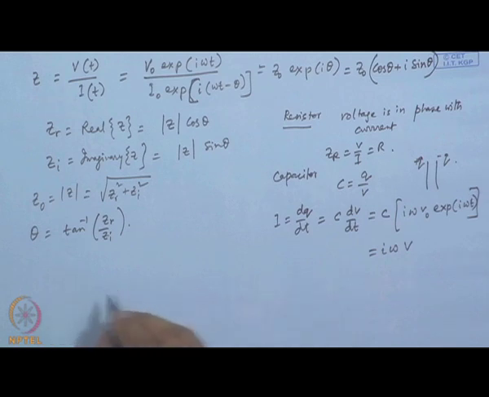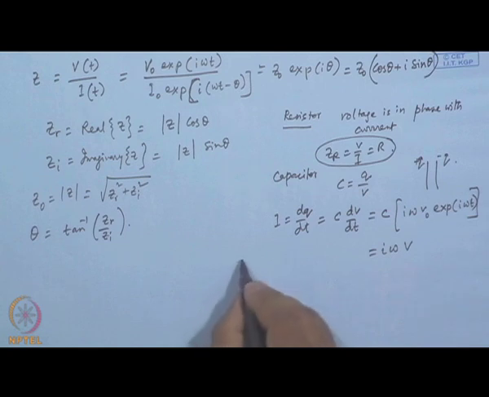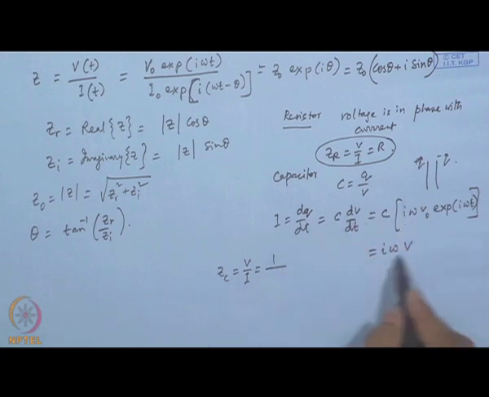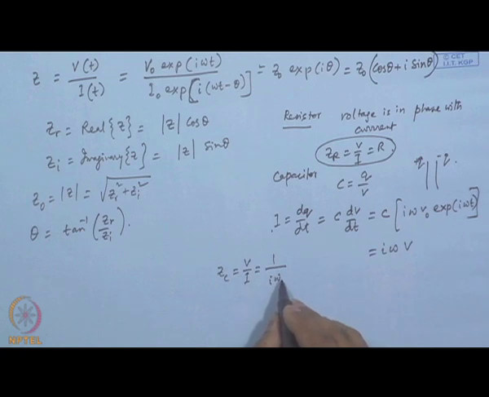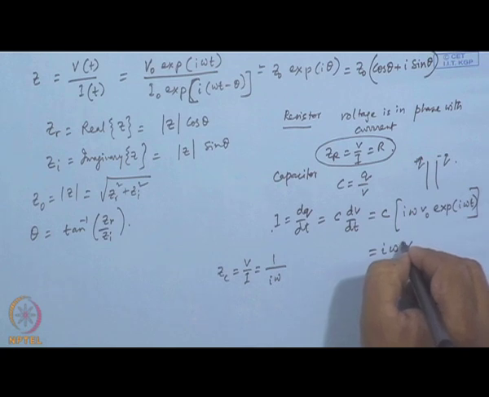Now, I have already defined ZR. By the same token, if somebody defines ZC, which is again V by I, that would be equal to, we have the V, and I is equal to i omega C V. So, V by I would be 1 by i omega C. There was a C here, I forgot.